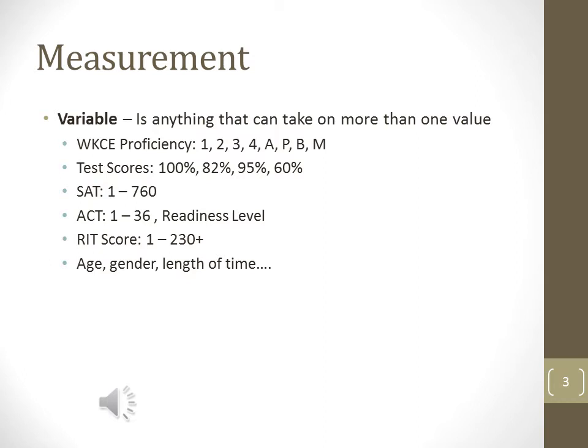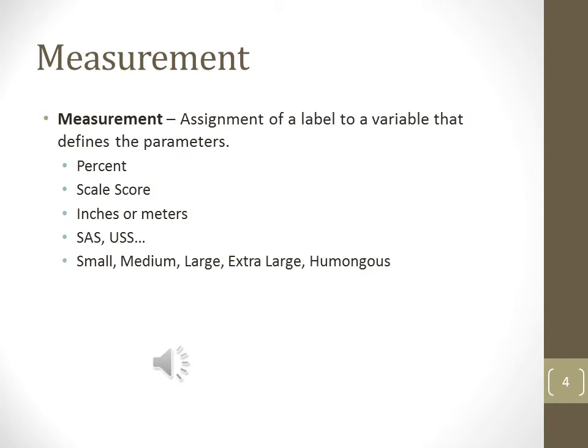On ACT, you could have a 1 to 36. You can have a readiness level. On MAP, you can have a RIT score. Age, gender, length of time. These are all variables.